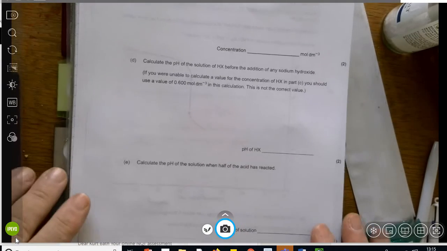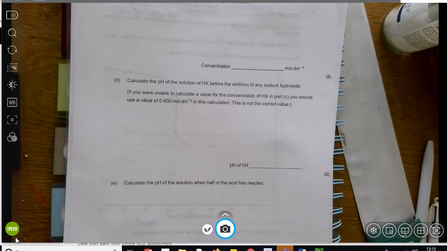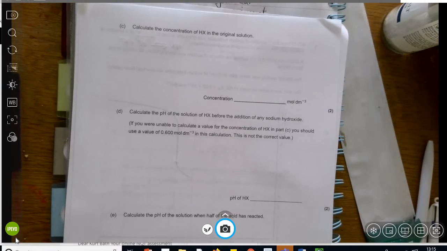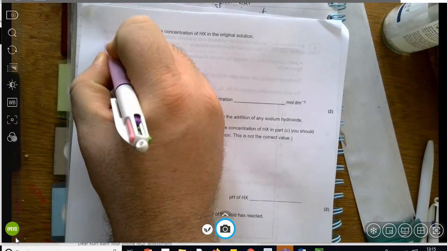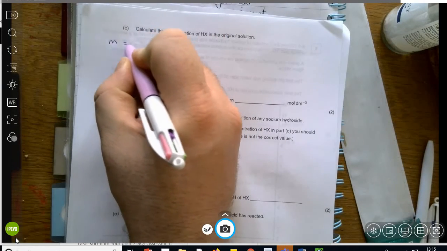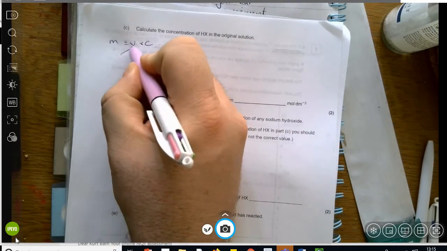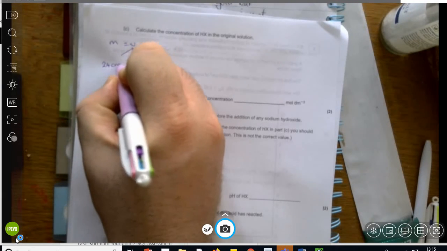Right, turn over the paper. Calculate the concentration of HX in the original solution. Now, straight away we're going back to the equation, which is moles equals volume times concentration. This volume we know was the 24 centimeters cubed that we worked out from the graph.